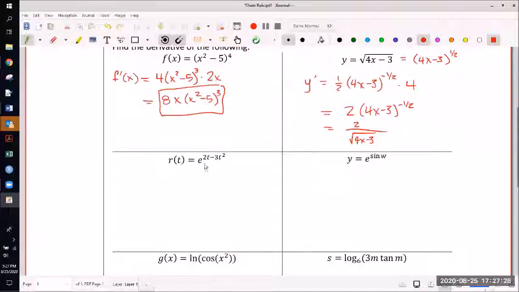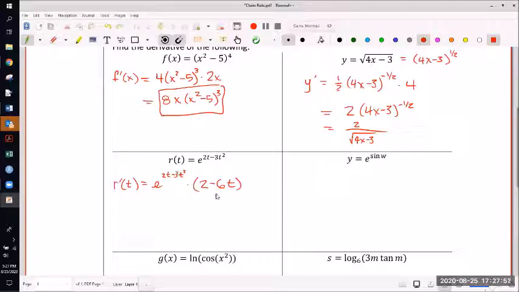Okay, this problem here, I have this exponential function. R prime of t is going to be the derivative of the exponential, which is just e to the 2t minus 3t squared. Then I'm going to multiply by the derivative of this part here, the exponent, which gives me 2 minus 6t.